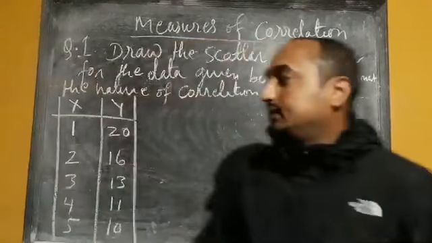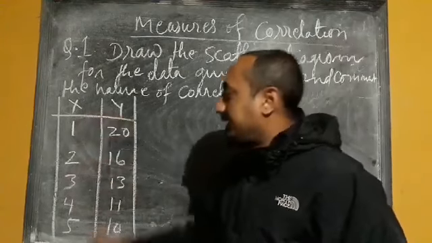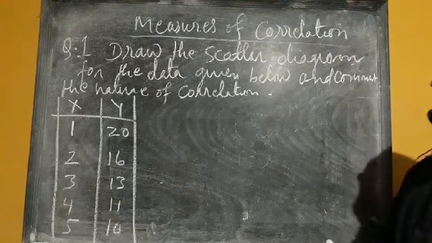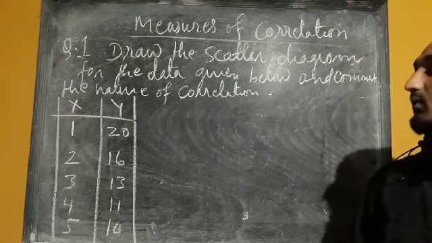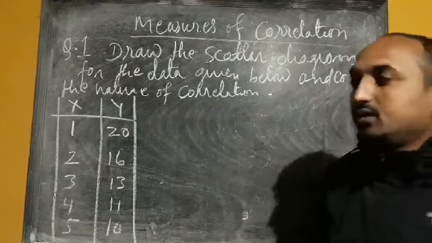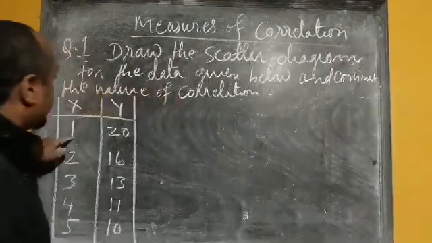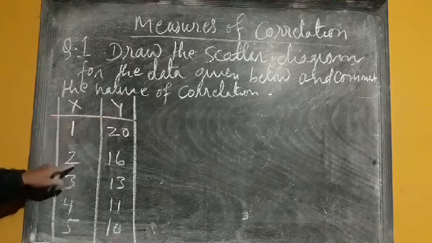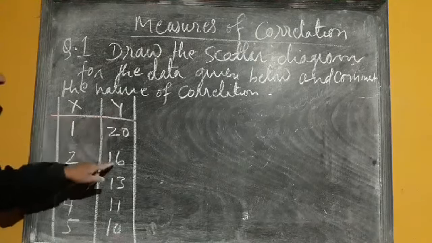Here the data, x and y, are given. On the basis of this data we have to determine the nature and comment on what type of correlation it has. Here the value of x is 1, the value of y is 20. When the value of x is 2, the value of y is 16.